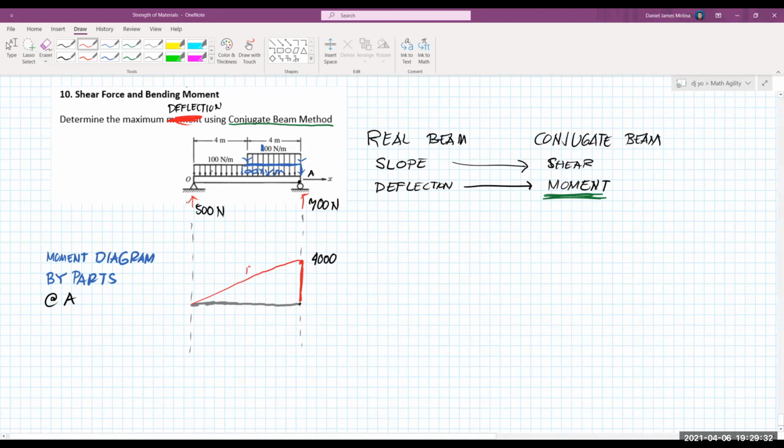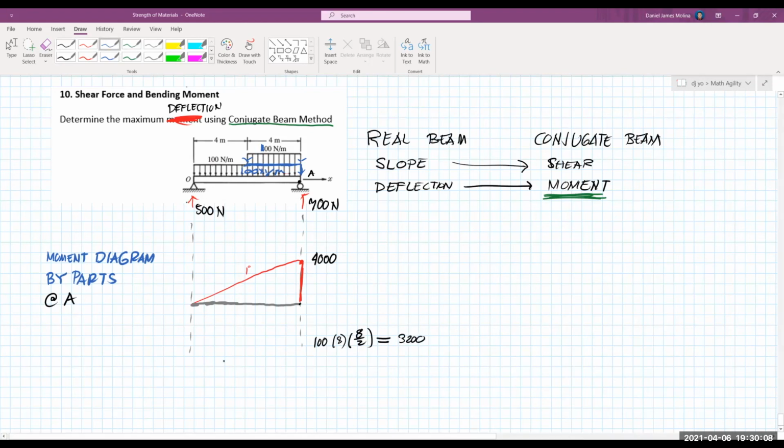Next one is the larger 100 Newton per meter load. The moment at A is 100 times 8, that is the total length of the beam, times 8 over 2, or 4, which is the location of the centroid measured from point A. So this is actually 3,200.